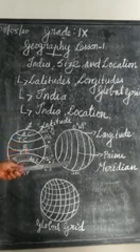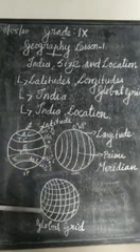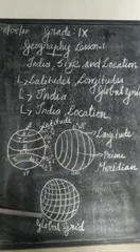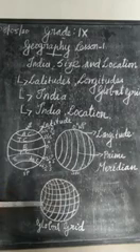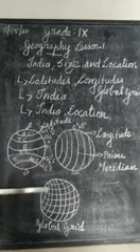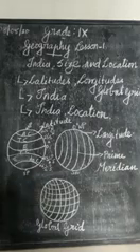The 0 degree meridian is known as the prime meridian. Next, the global grid: the lines of latitudes and longitudes cross each other to form the global grid, which is used to find the exact location of a place.